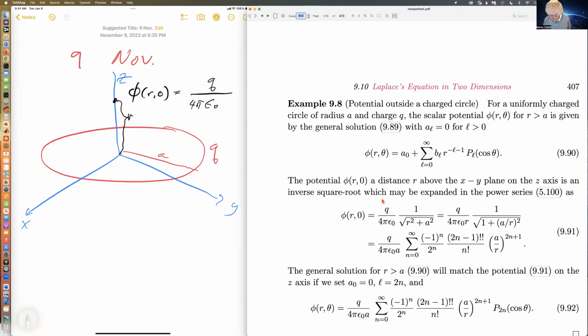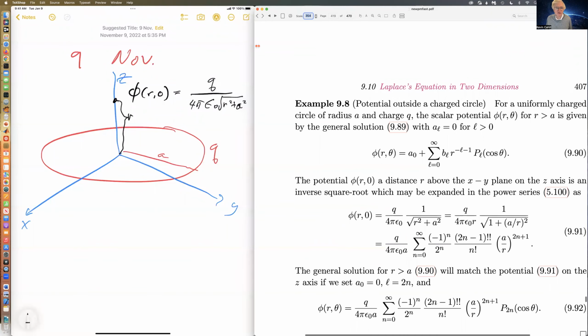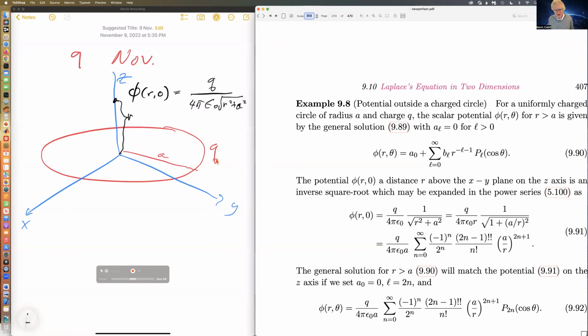So we divide by the square root of r squared plus a squared. So this is the way one starts the homework problem. But what I'm going to do is not the homework problem, but the alternative problem. The alternative problem is to find the potential outside the circle, or to put it differently, outside of a sphere of radius a centered at the origin.